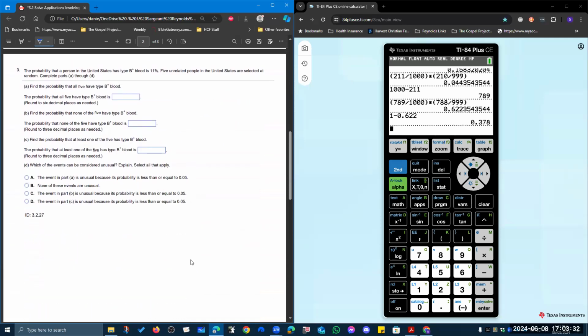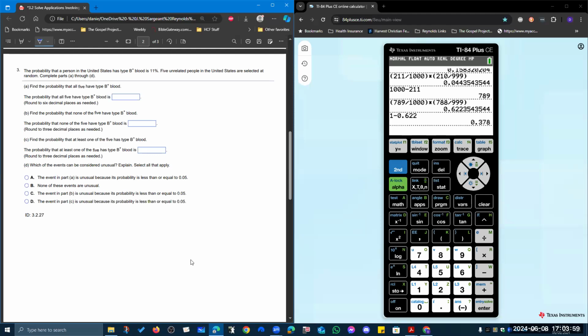The probability that a person in the United States has type B positive blood is 11%. 5 unrelated people in the United States are selected at random. Let's compare parts A through D. So let's find the probability that all 5 have type B blood. Because they're all unrelated, they're all independent of one another.